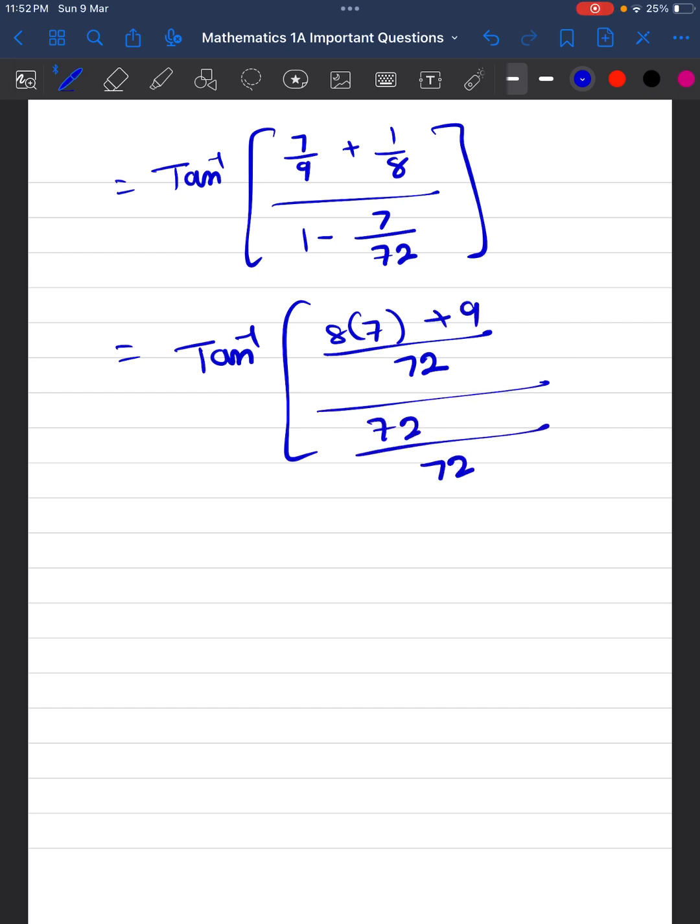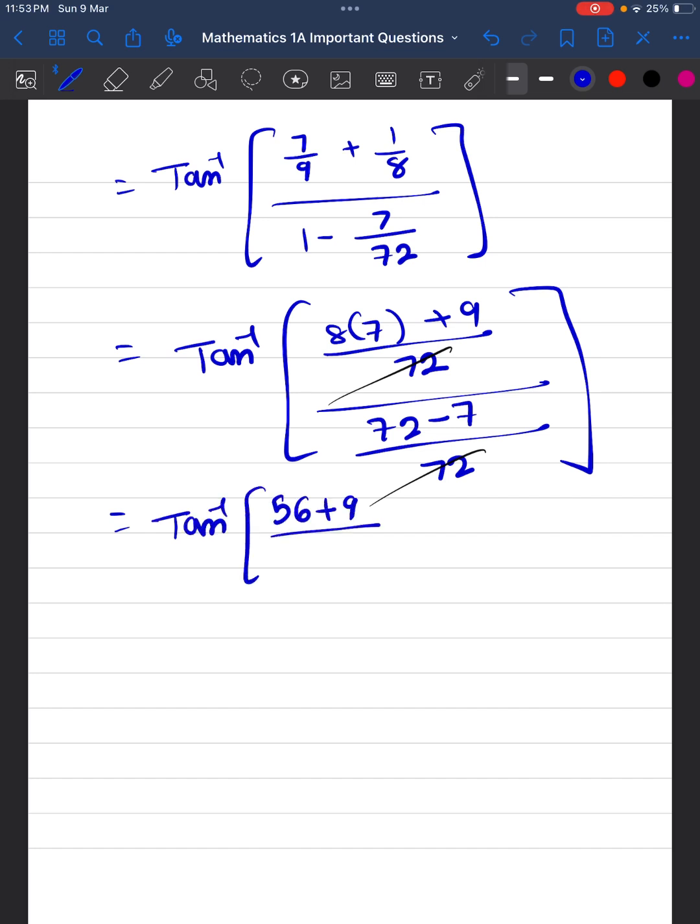Here we'll get (72 minus 7) by 72. Again both the denominators will get cancelled. So you get the answer as tan inverse of (8 sevens are 56, plus 9) by (72 minus 7, that is 65). So here you got tan inverse of 65 by 65.